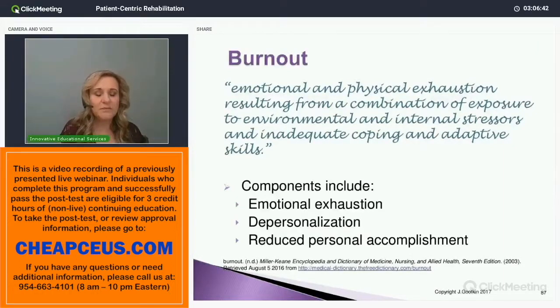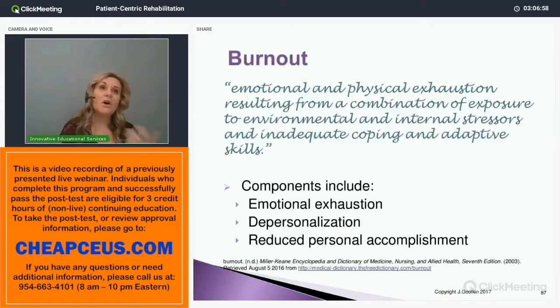Another thing to think about is if someone starts to depersonalize their patients, that could be an indicator that they're starting to lead towards burnout. They're detaching their feelings from the patient.